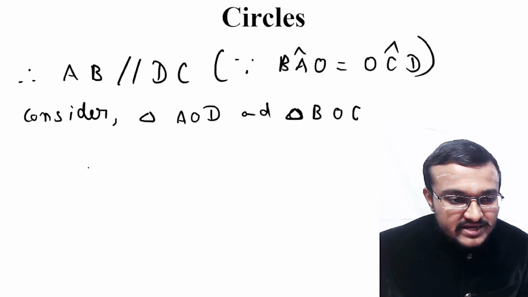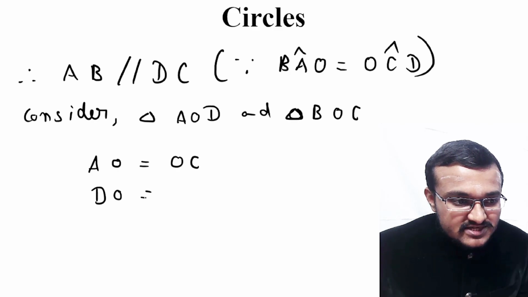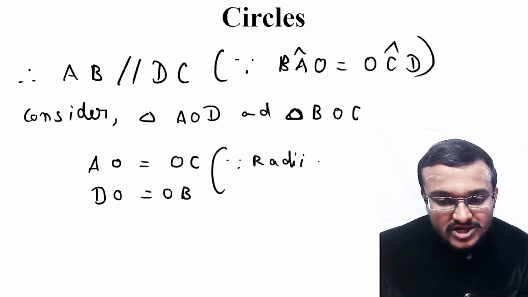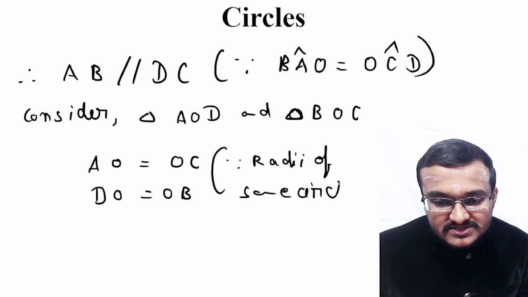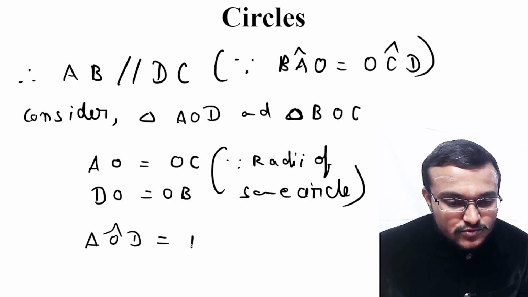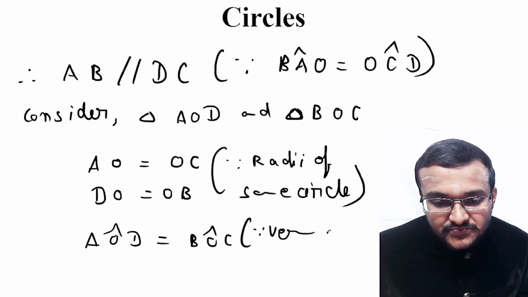In triangles AOD and BOC, here also AO is equal to OC and DO is equal to OB, because they all act as radii of the same circle. Angle AOD is also equal to angle BOC because they act as vertically opposite angles.